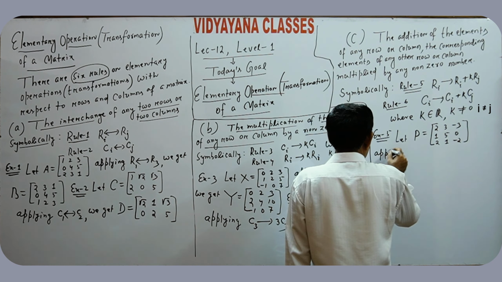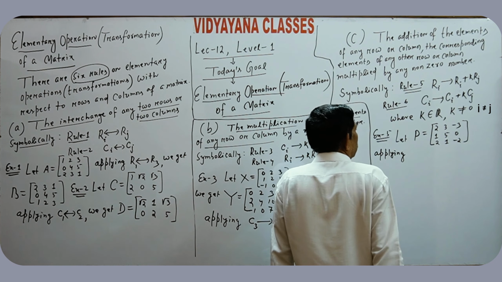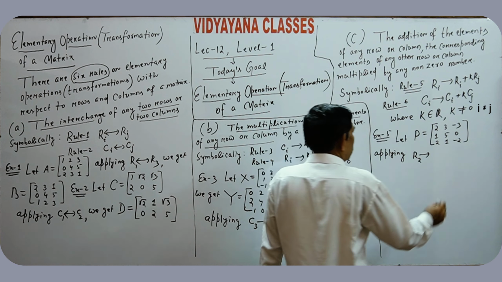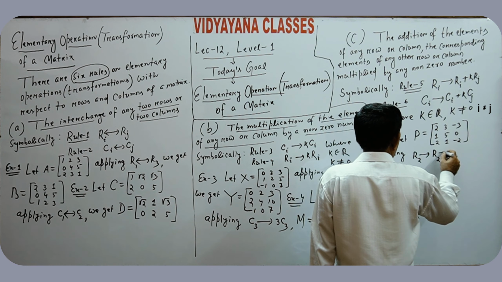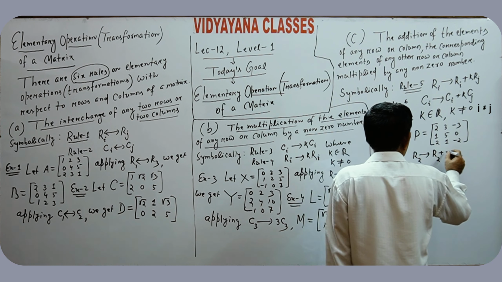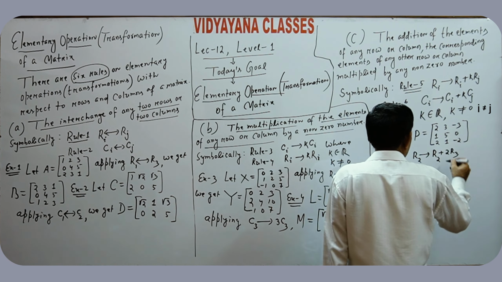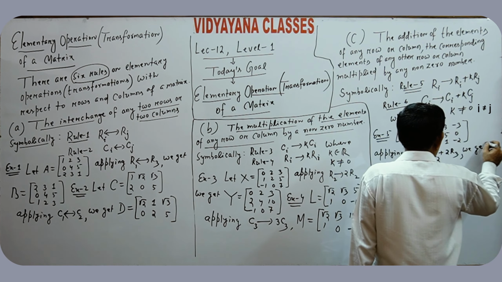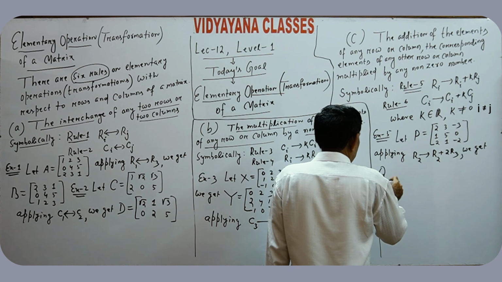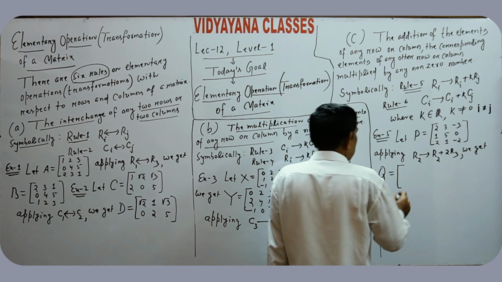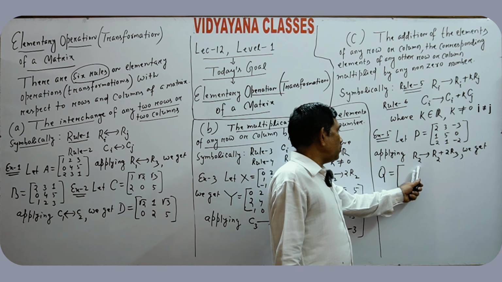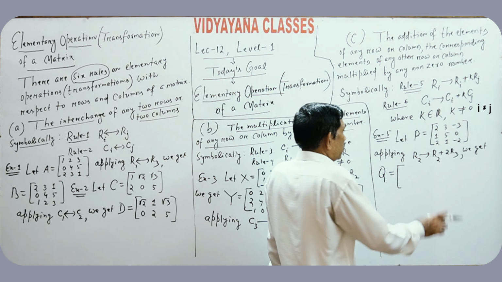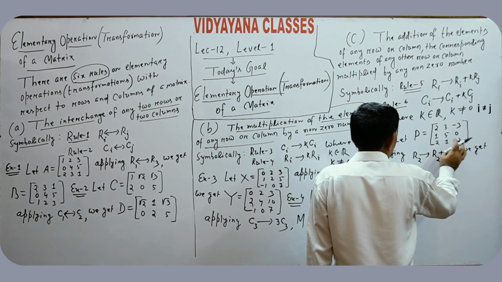Applying row 2 is replaced by row 2 plus 2 times of row 3. We get another matrix, suppose Q. Row 2 is replaced by row 2 plus 2 times of row 3. There is no change of row 1 and row 3.